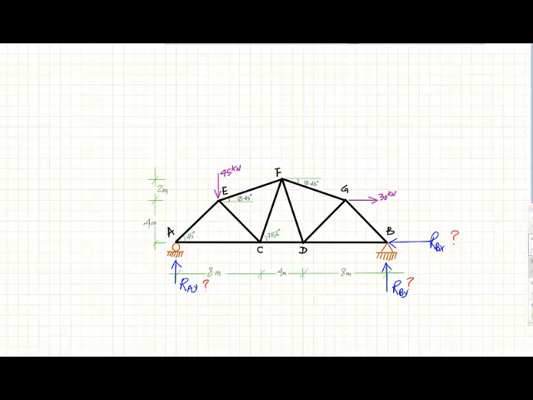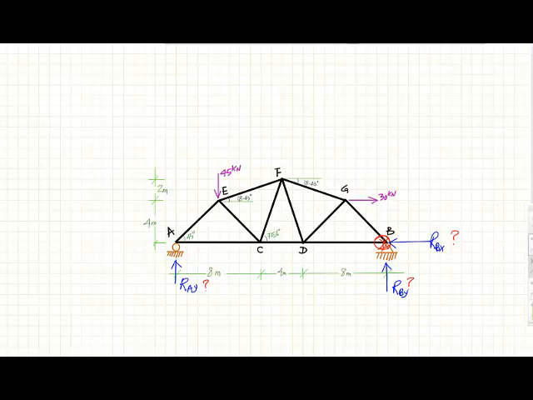We learned that it is best practice to take the moment about a point where you have more than one unknown intersect or meet, like the following point B. See, if you look at point B, the unknowns RBX and RBY will meet. It means that these two will not cause any rotation. So an equation of sum of all moments about B equal to 0 will get rid of these two unknowns. So that's why it is a good idea to start at this point.